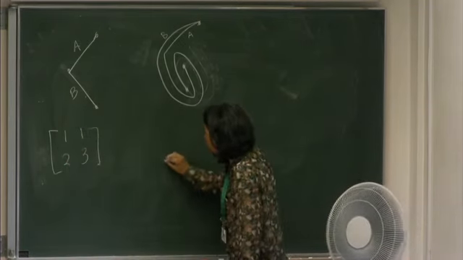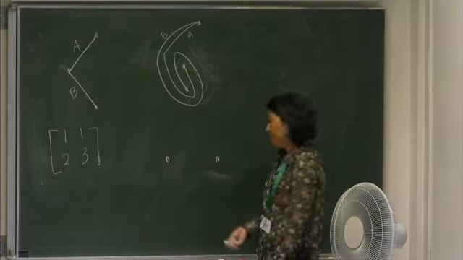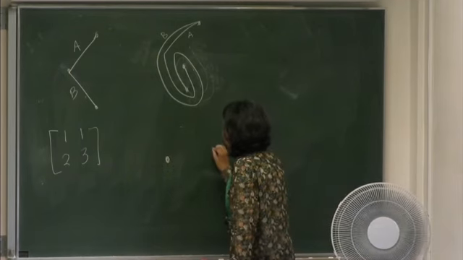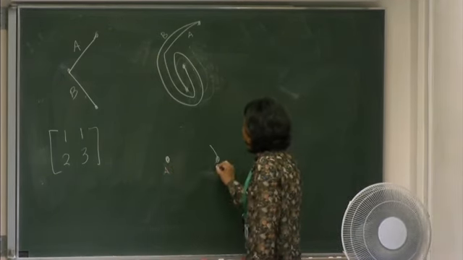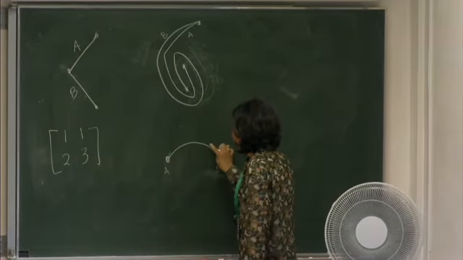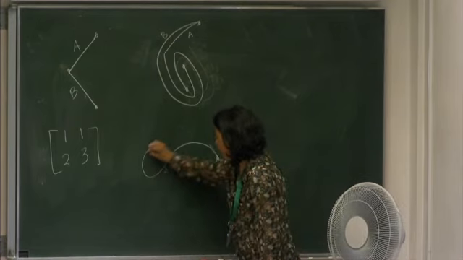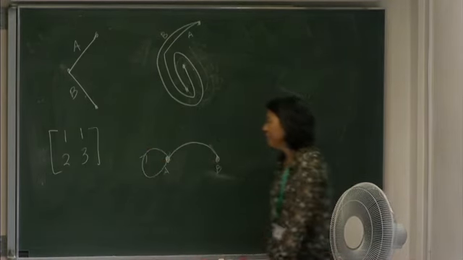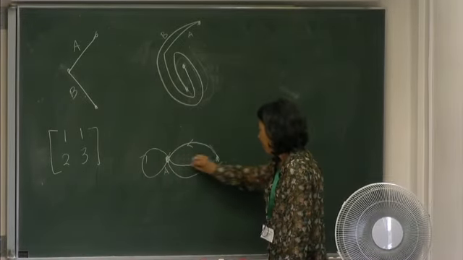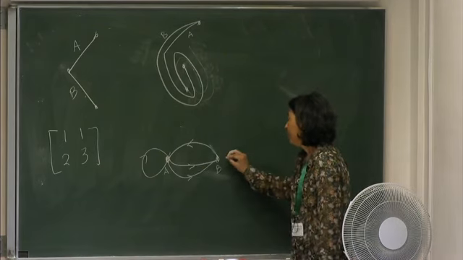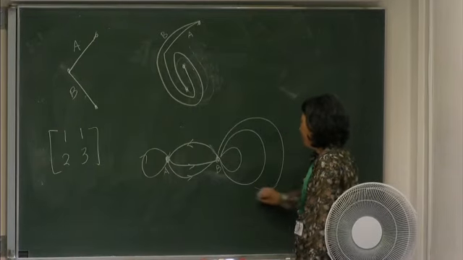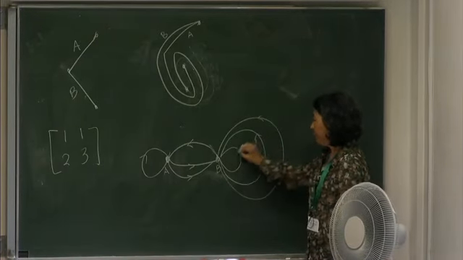And the directed graph is going to have 2 vertices, and this is going to correspond to A, and this is going to correspond to B. So there's an edge from B to A, and there's an edge from A to itself for this row. And there are 2 edges going this way from A to B, and then 3 going this way for B.